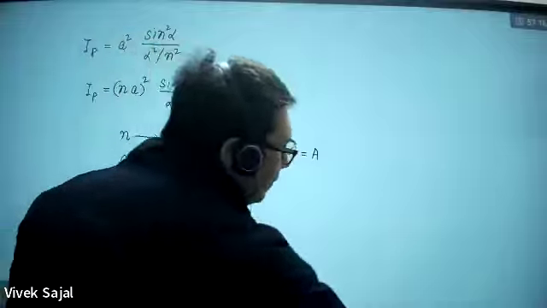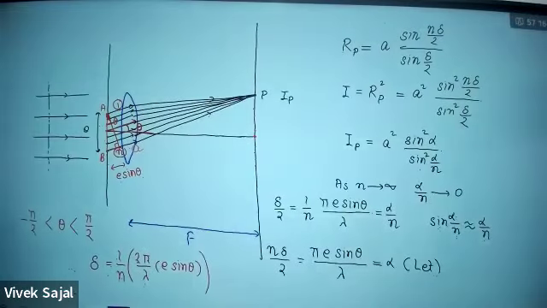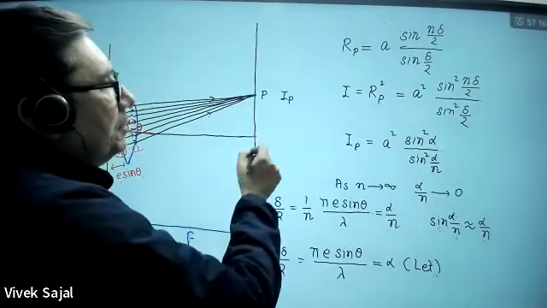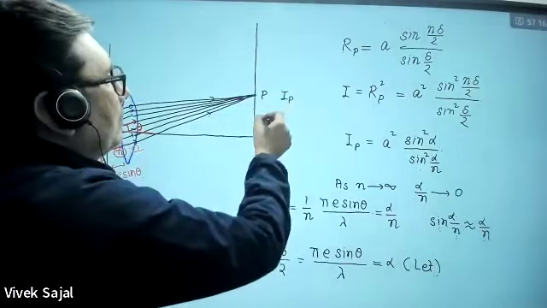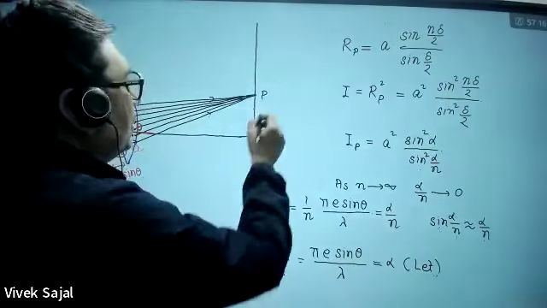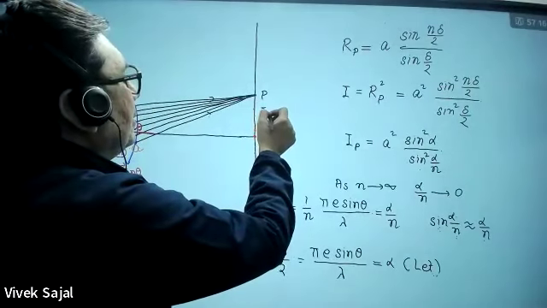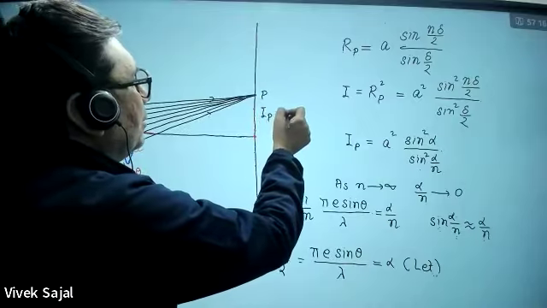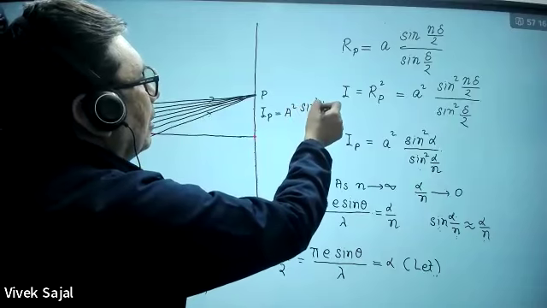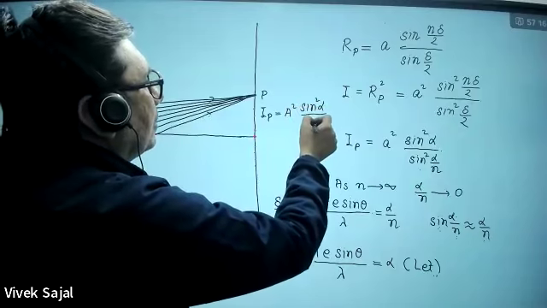For single slit diffraction, this is the formula for the intensity. So the intensity on this screen at an arbitrary point P is equal to A square sin square alpha upon alpha square.